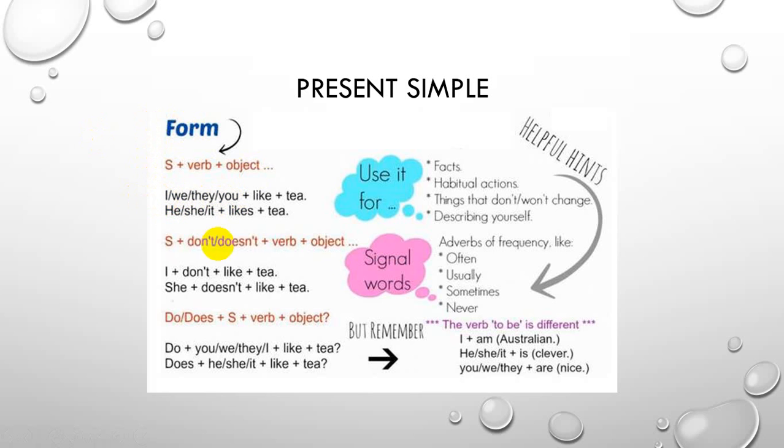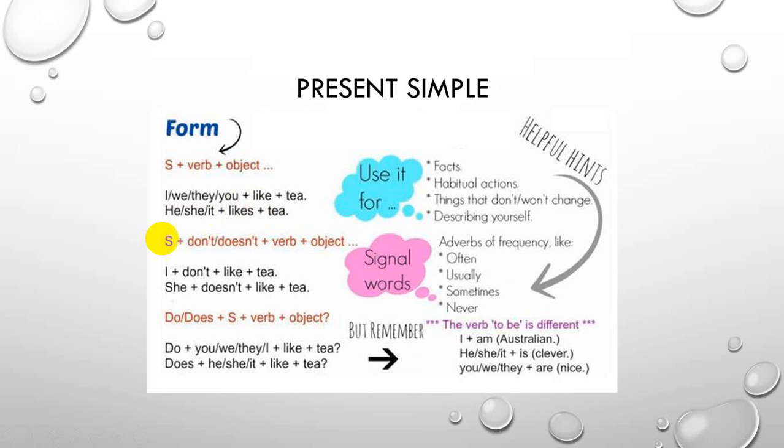When we use these subjects, we have to put the verb without the letter s, only in singular. But when we use the third person, he, she, it, we have to add the letter s. The verb is in plural. Always. This is a rule.